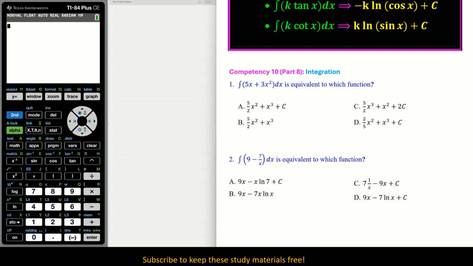Well, we integrate term by term. If you look at the first term, 5 should be on its own. We don't integrate that. But then x becomes x squared over 2. So this is what's happening. It becomes 5, and that x becomes x squared over 2.